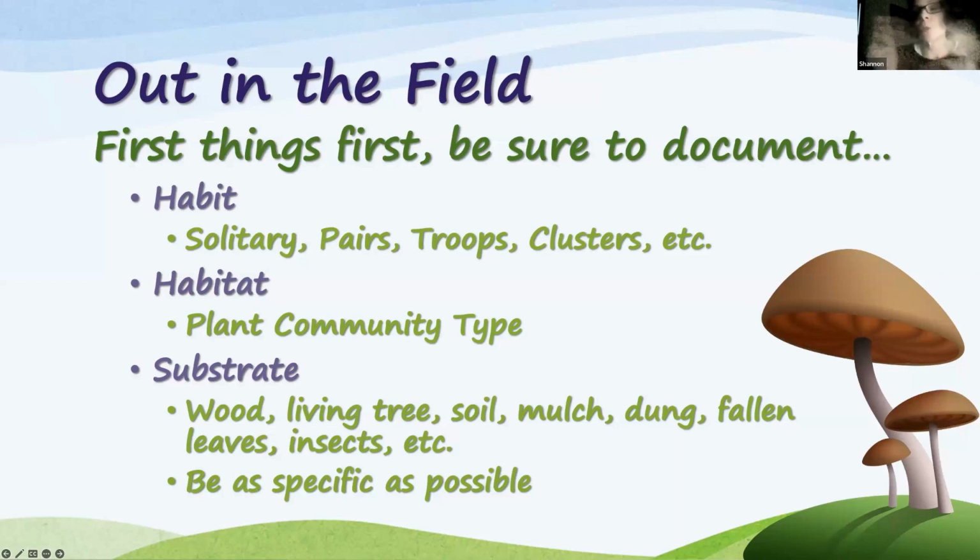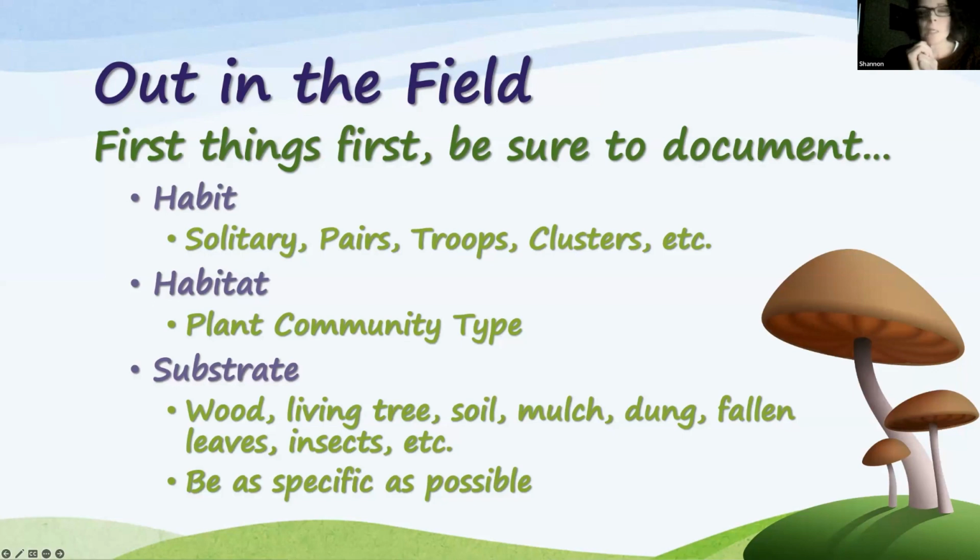And you can use tools like field guides or iNaturalist to aid you in identifying the plants that the fungi are co-inhabiting the landscape with. And of course, the substrate. So what is the fungus growing in?